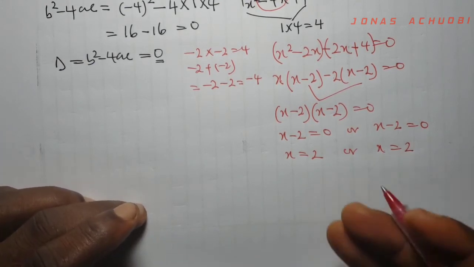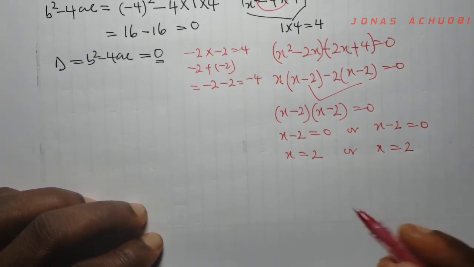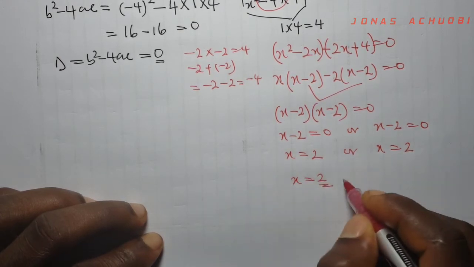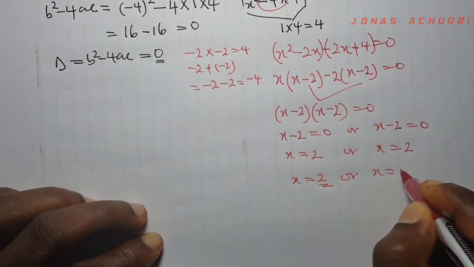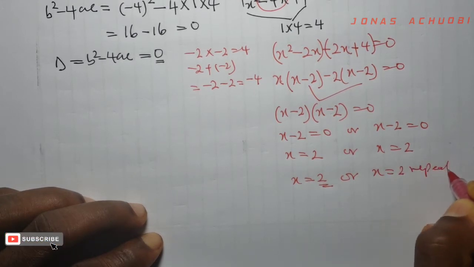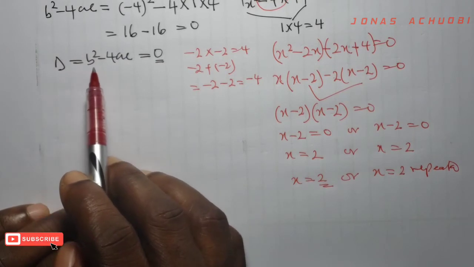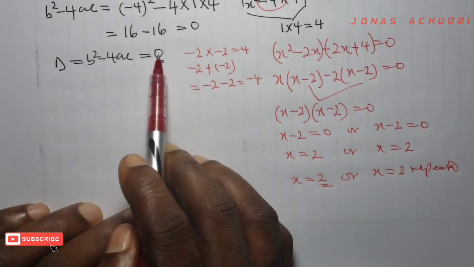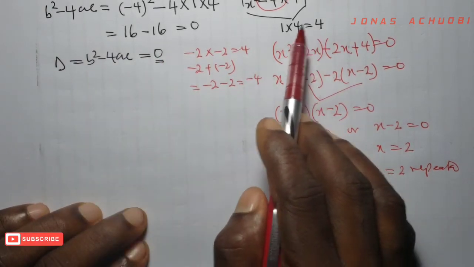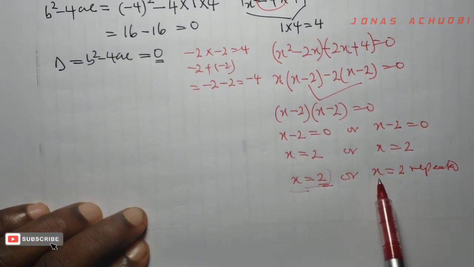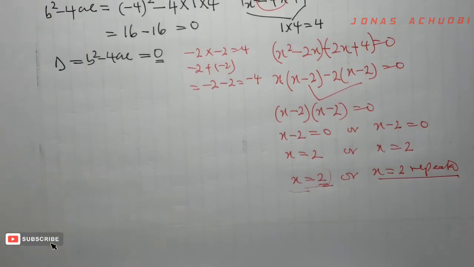The only solution here is x equal to 2, since they're the same. Or you say that x equal to 2 is repeated, hence the name. So when the discriminant b squared minus 4ac is 0, it tells us that the equation we're about to solve will have one real solution, or a repeated solution.